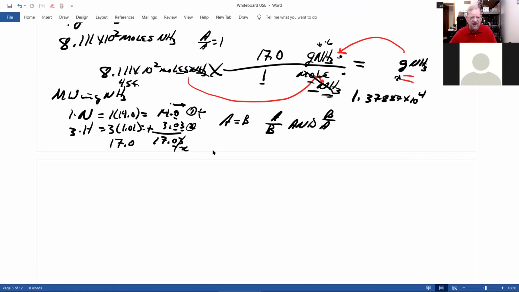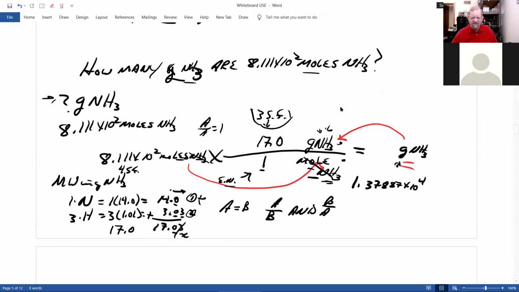You should know how to do that. This has 3 significant figures. The 1 mole is an exact number, which means it plays no role. Which is the lowest number? Hopefully you pick this number, 3 significant figures. And therefore, round this off to 3 significant figures.